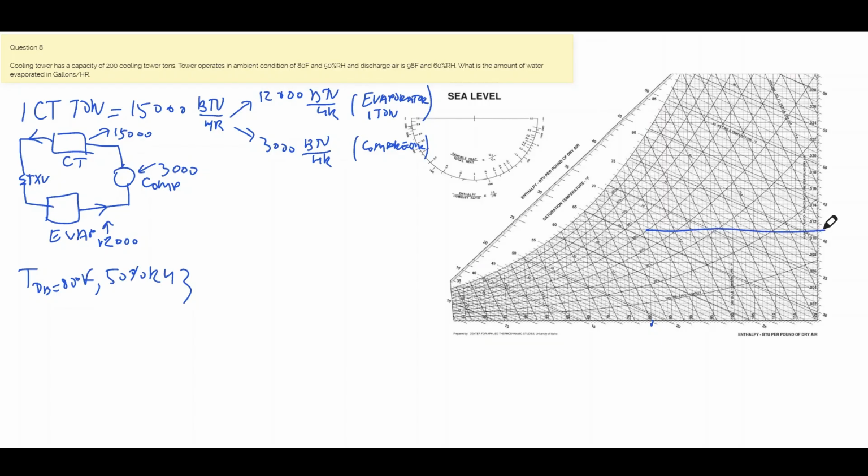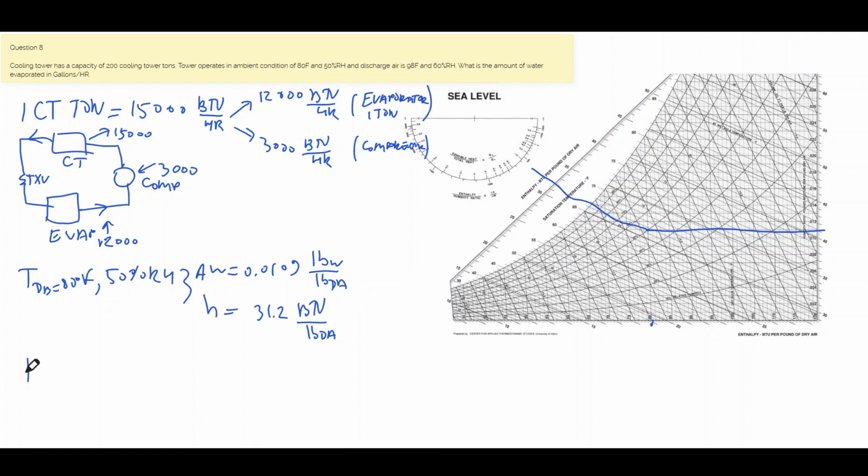Our moisture content, you can read it here, will be about 0.0109 pounds of moisture per pound of dry air. Our enthalpy, if you interpret it here, is going to be roughly 31.2 BTU per pound of dry air.